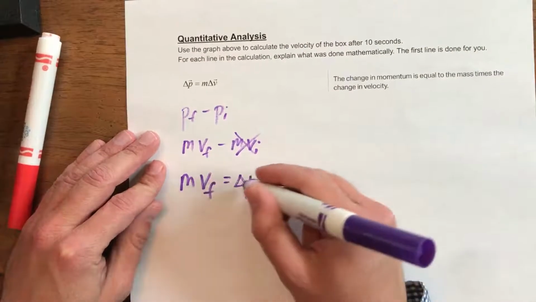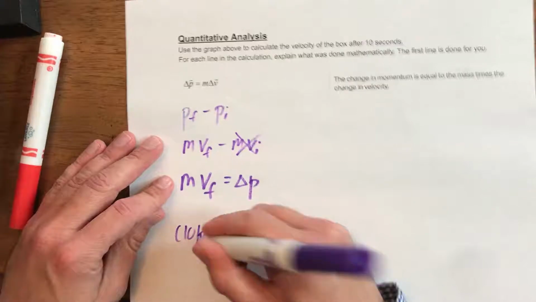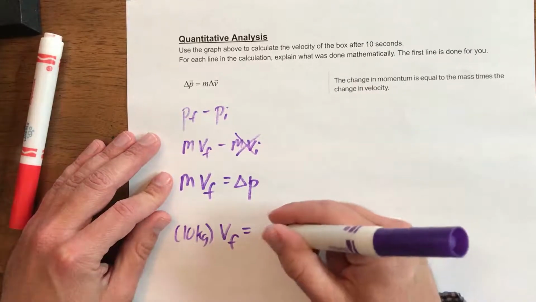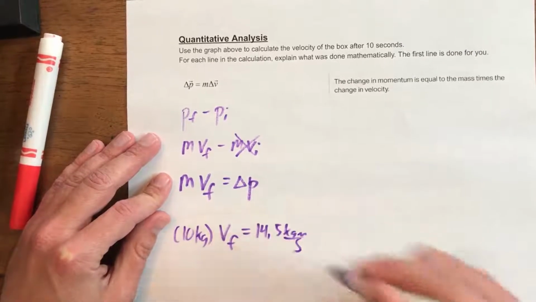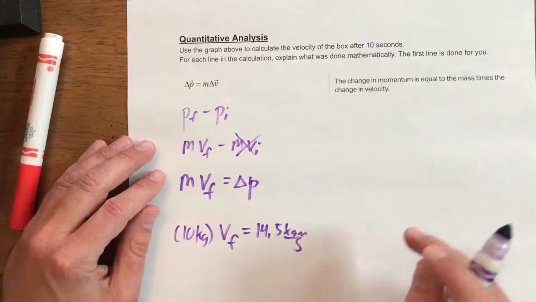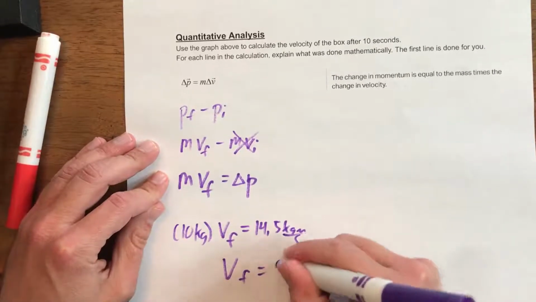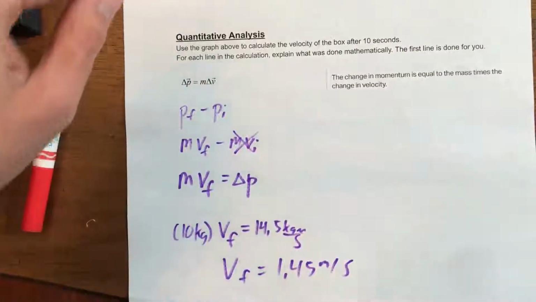So we can plug in our mass and plug in our change and solve for our final velocity. So 10 kilograms times the final velocity. The change in momentum is 14.5 kilogram meters per second. So just divide by 10 and you should get 1.45 meters per second is the final velocity of this box.